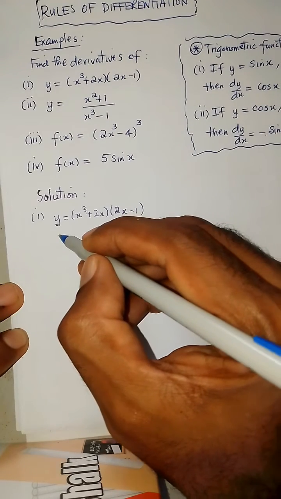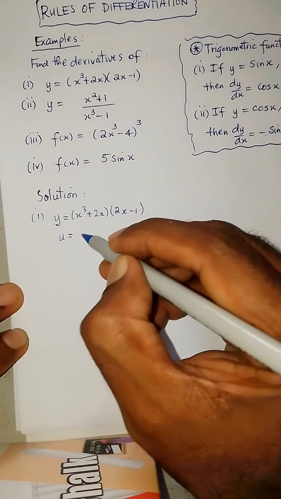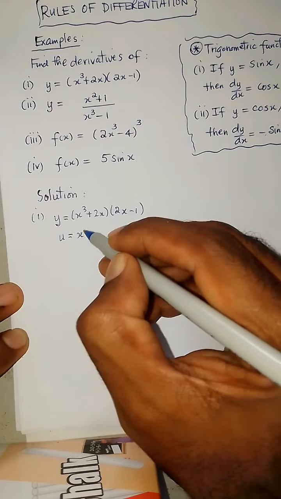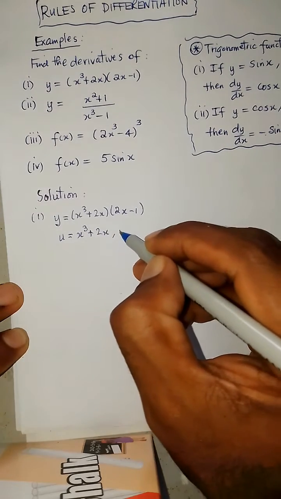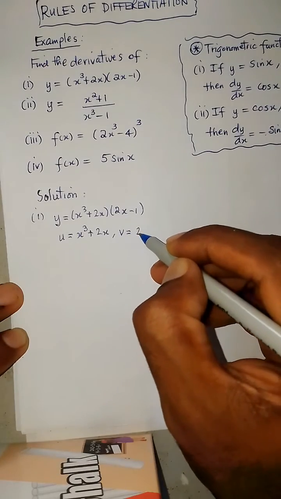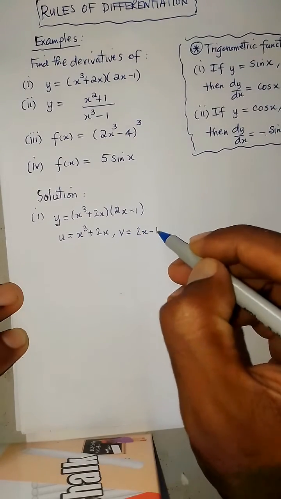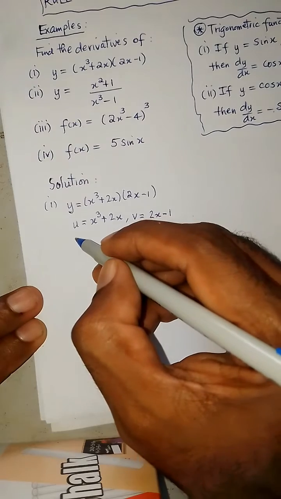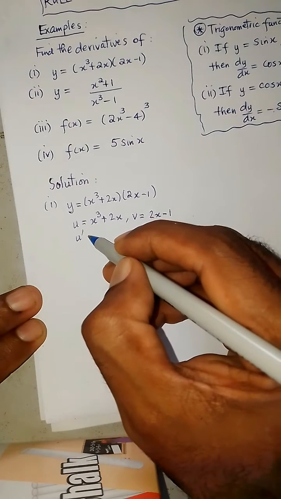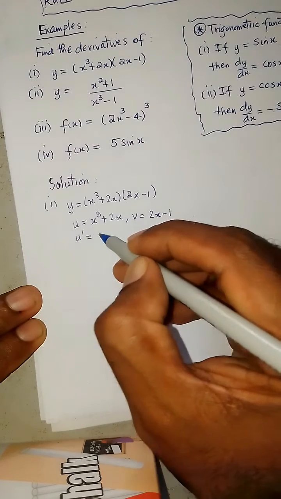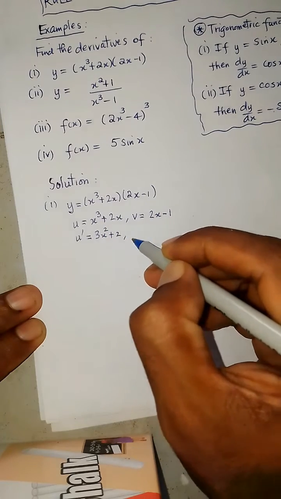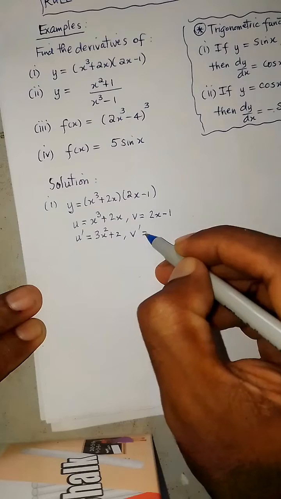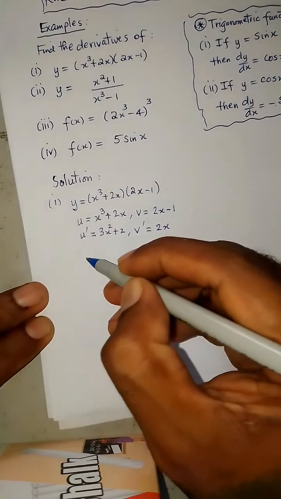Firstly, let's say u is equal to one of the functions, x cubed plus 2x, and v is equal to 2x minus 1. Then we find the derivative of each of those functions that are multiplied. So the derivative of u is 3x squared plus 2, and the derivative of v is 2.